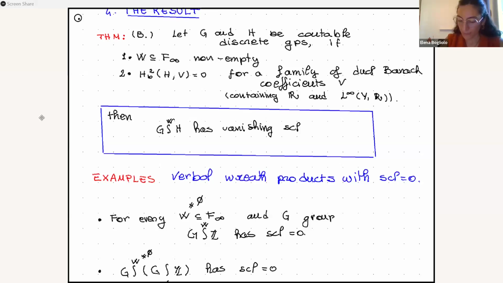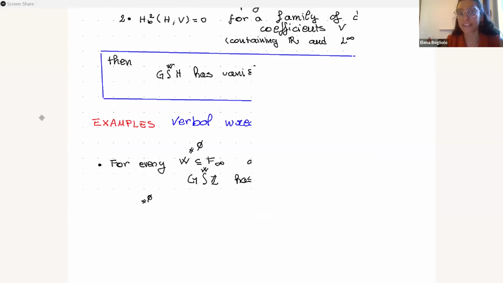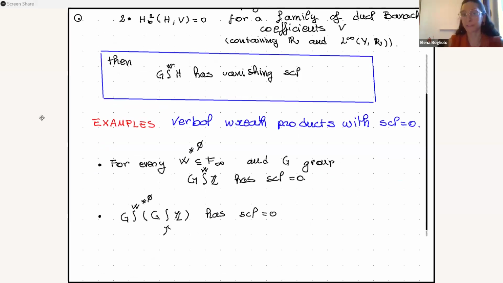But also, I was saying that I wanted to extend the result both on the left, so allowing for other products, and also on the right. In order to allow it on the right, we can see that with this result, we also have the vanishing of the stable commutator length for groups of this type. We consider the verbal wreath product between the group G and the wreath product between G prime and Z. We can also have another group, G prime.